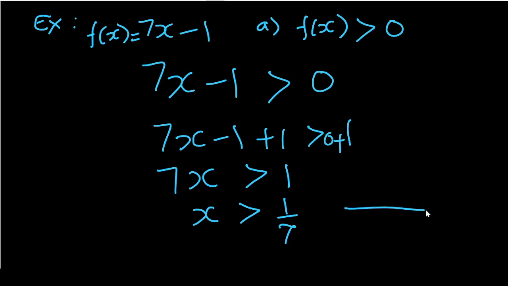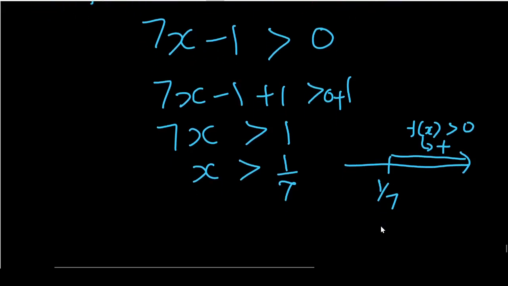So I can plot it like this. 1 by 7 is here, and f(x) positive means f(x) has a plus sign. I will write it like this, guys. Now what is the meaning of this?